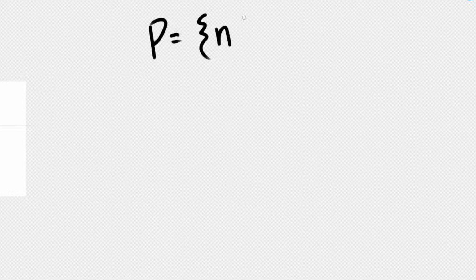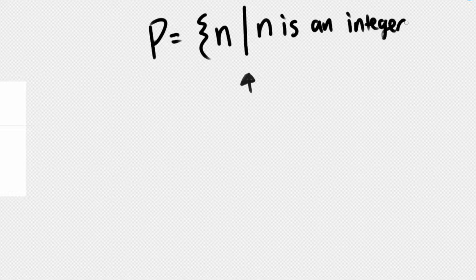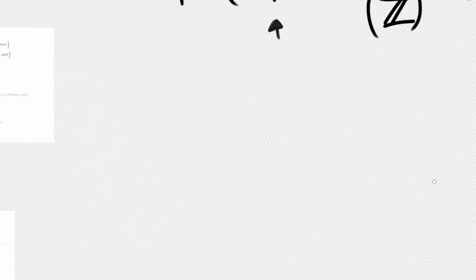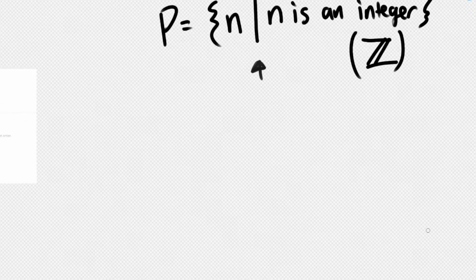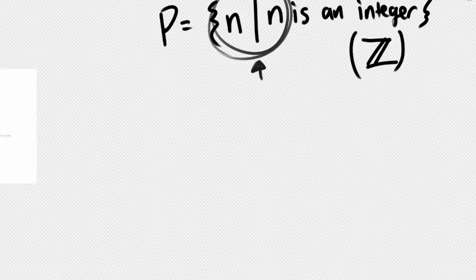Usually we say n, but sometimes it's x or whatever you need. N, and then this line says such that n is an integer, which can also be written as this funky Z. So you typically see the set name, then the bracket, the n, such that n, and then the conditions, the criteria for n.